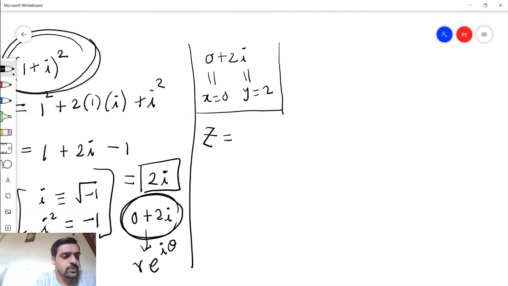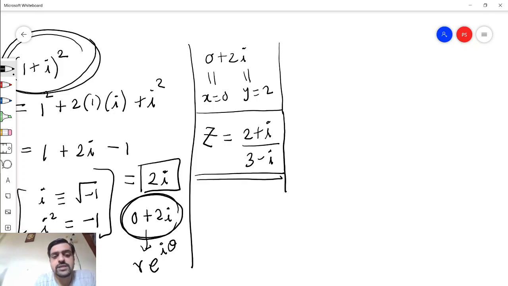z equal to 2 plus i upon 3 minus i. Now, in order to solve this expression or simplify this expression, we will need the concept of complex conjugate.